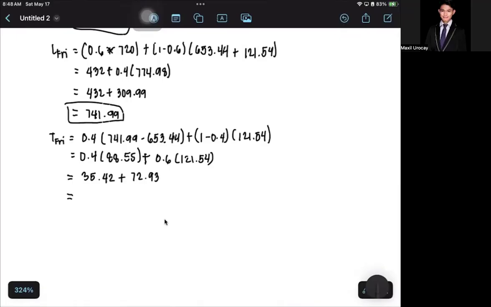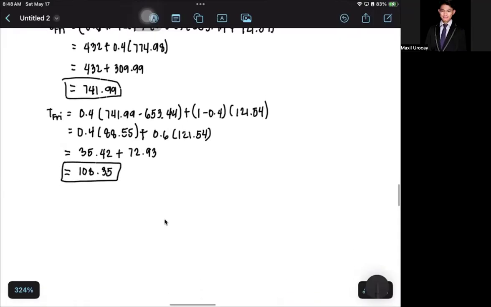And then 35.42 plus 72.93 equals 108.35. So this will be the trend of Friday.